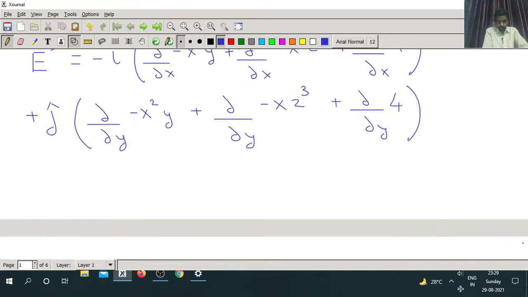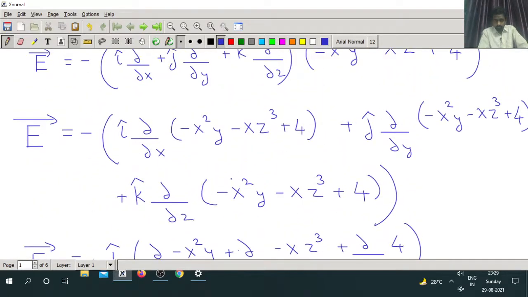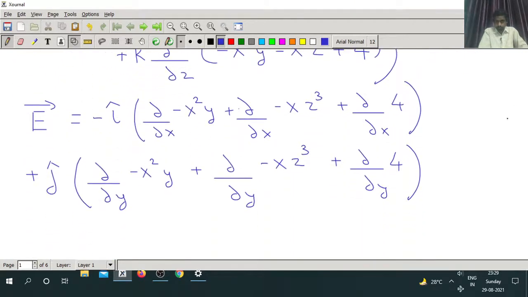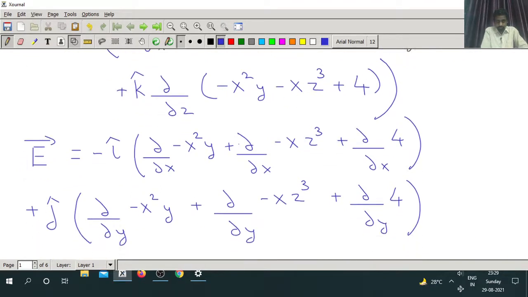and then here the whole thing is again differentiated with respect to z, and k cap is kept common.